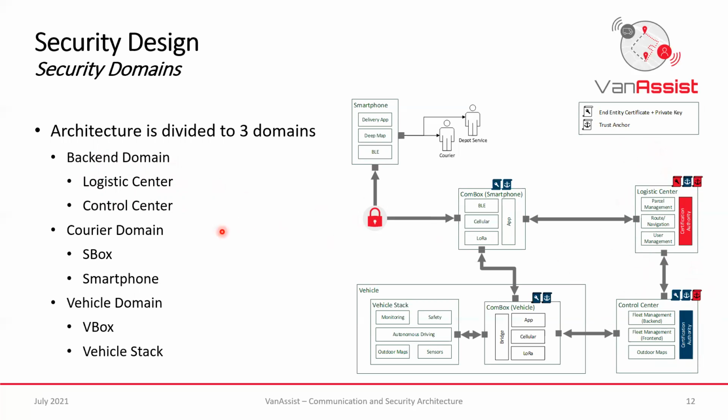Then the second domain is the courier domain, which consists of the SBox and smartphone. And then we have the vehicle domain that consists of VBox and vehicles. So we have the vehicle domain, backend domain, and courier or user domain.